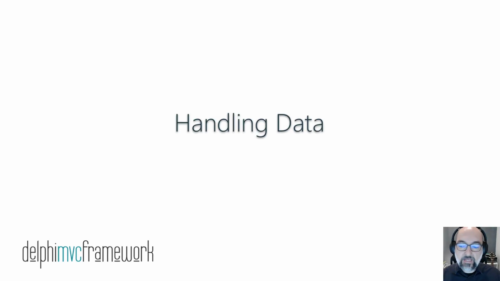Good. Our next step to get in touch with Delphi MVC Framework is to understand how it allows handling data. The MVC framework is not tied to any kind of data access library, but if you want, you can use an ActiveRecord implementation, which is really, really powerful and is built into Delphi MVC Framework.